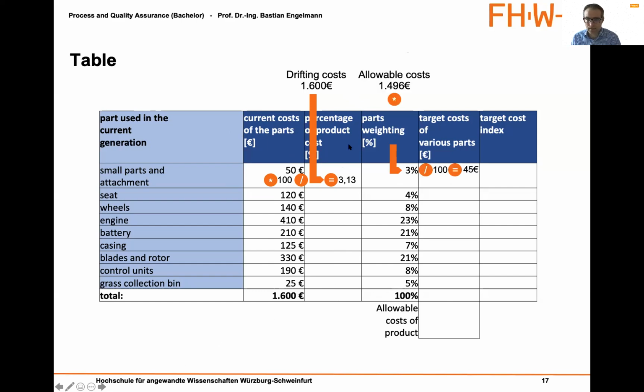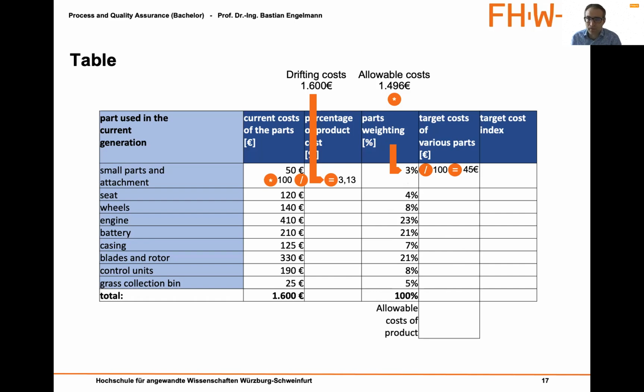It's just we take the allowable costs here and we multiply the allowable costs with the parts weighting in each row. Okay, so I think it's not necessary to send you in the breakout rooms once again. Just take a few seconds and make the few calculations here.